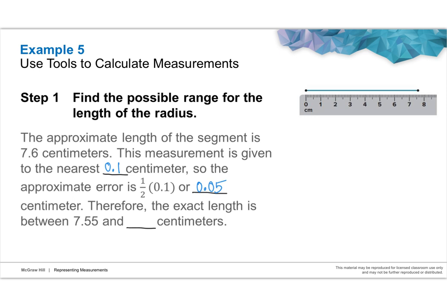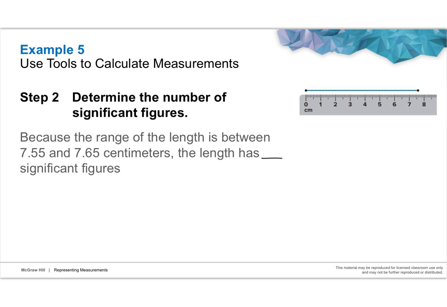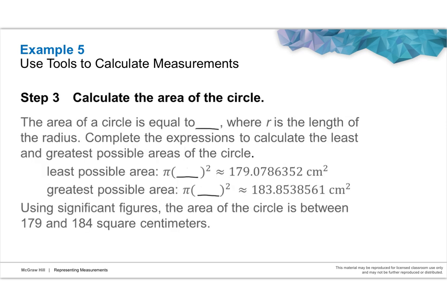And so we would go that amount on either side of 7.6. So between 7.55 and 7.65 centimeters. Now that decimal value is greater than 1 and every digit is significant. So each of these values, the length, has 3 sig figs. And then when we calculate the area of the circle, of course, we know that that formula is equal to pi r squared.